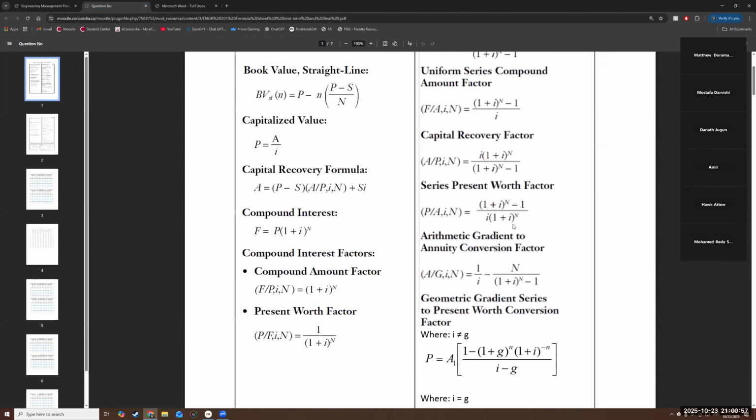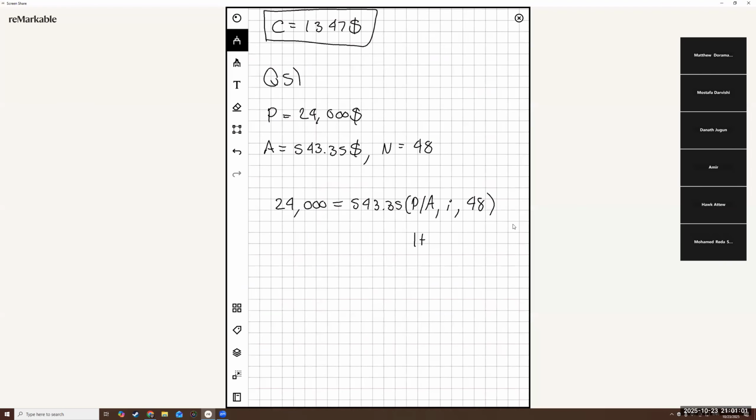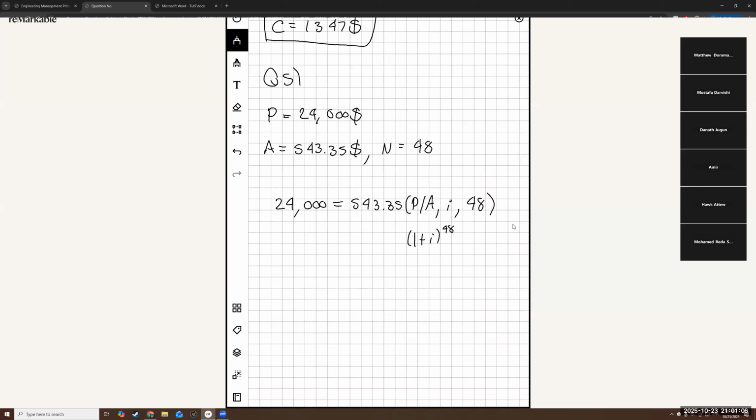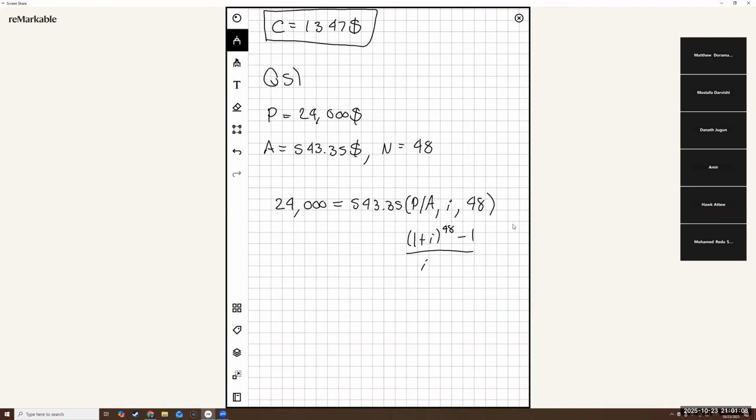So it is 1 plus i to the power of 48 minus 1 over i times 1 plus i to the power of 48, and that's it. On the other side of this formula, you would take 24,000 and divide by $543.35, which is 44.17. Okay, now solve for i.